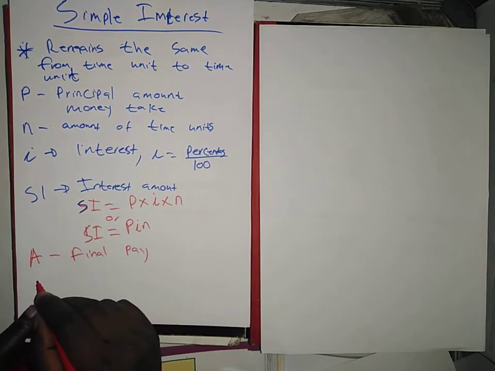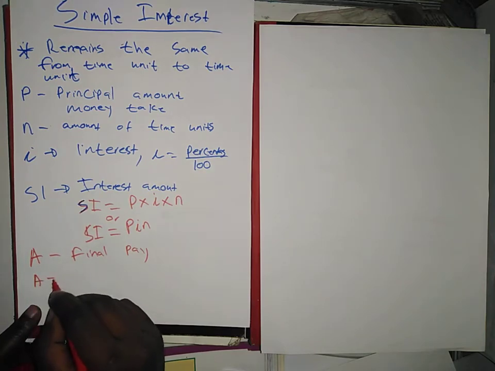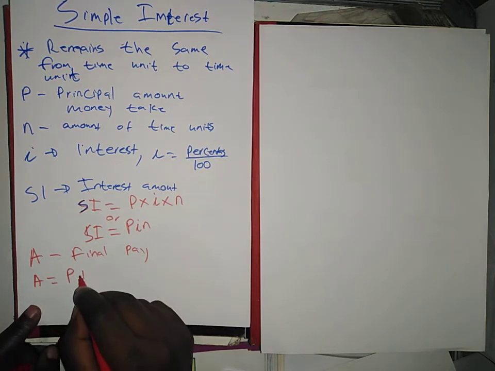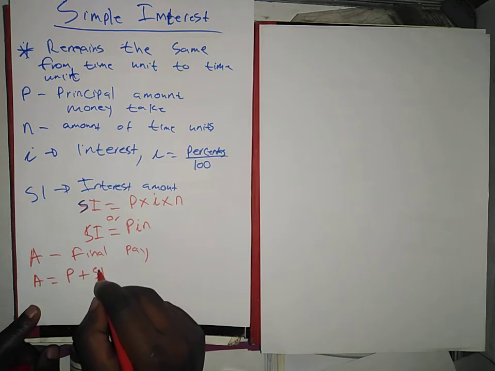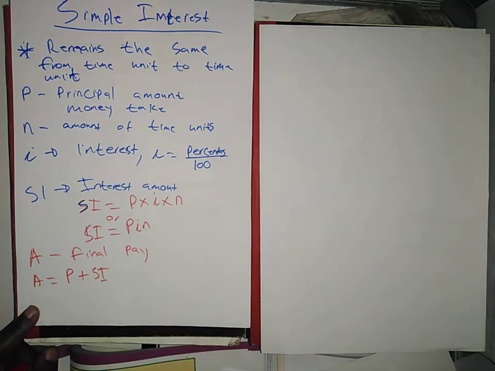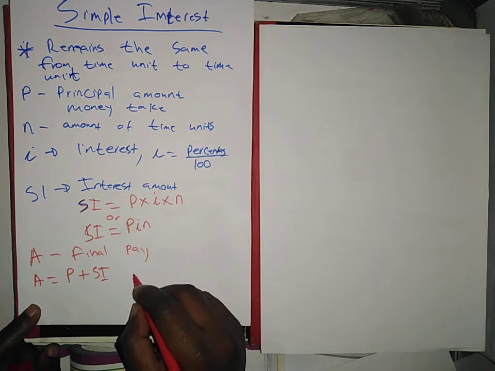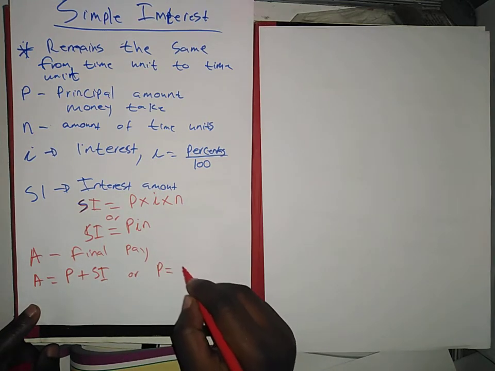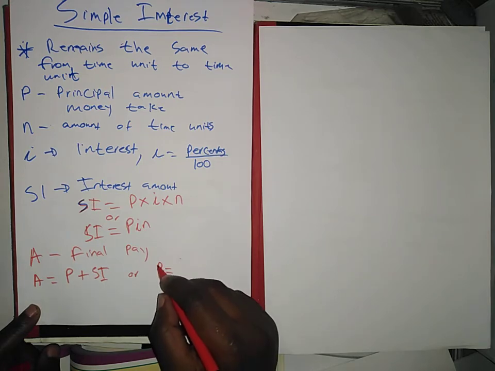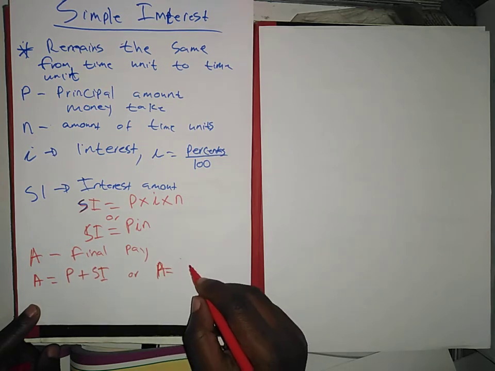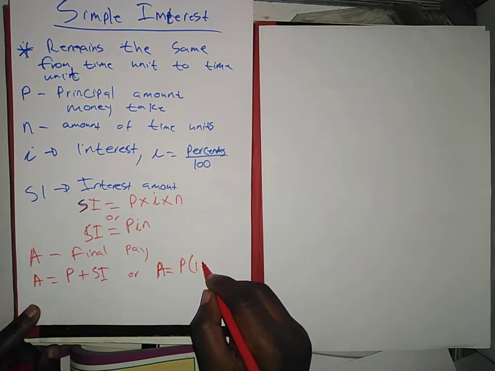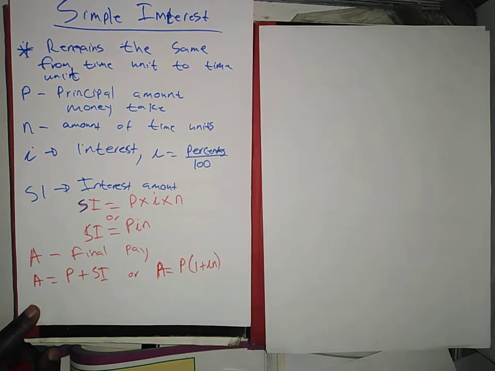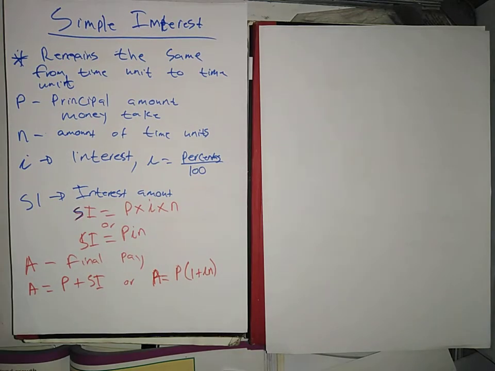One of them is A is equal to the principal amount plus the simple interest, because in this case we are talking about simple interest. But you can also use A is equal to P times (1 plus IN). This is the most used one. So these are the formulas that you can use.